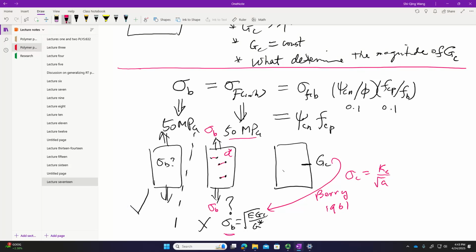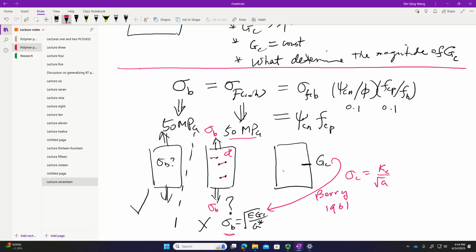A star. And by the way, if you take a sample without any intentional notch, and you make 100 of them, and you find that sigma b varies widely, let's say by a factor of 10, usually people think this is a hint your material is flaw infected.